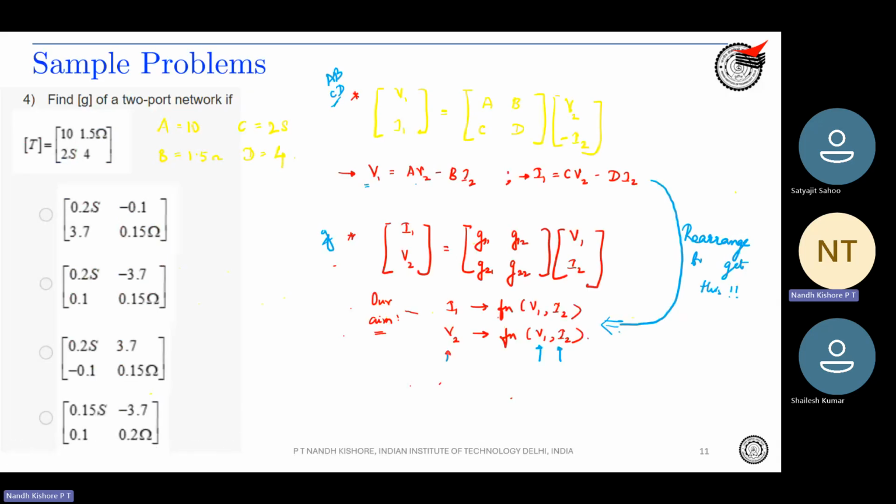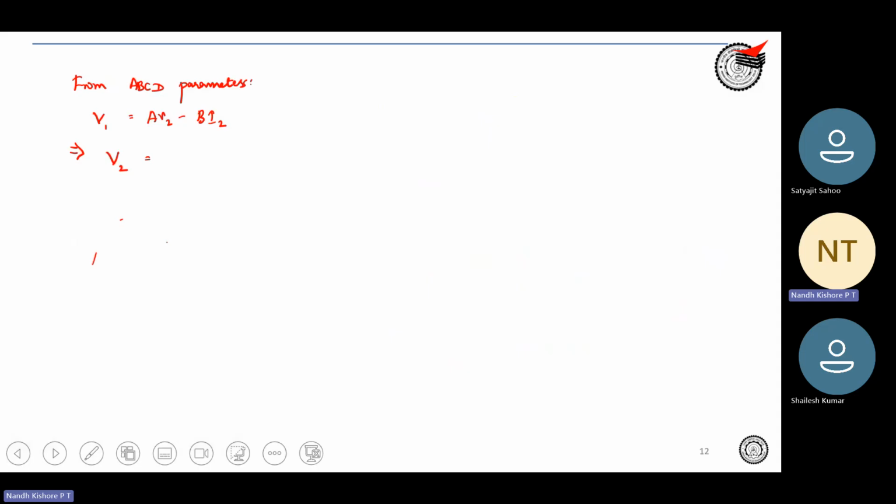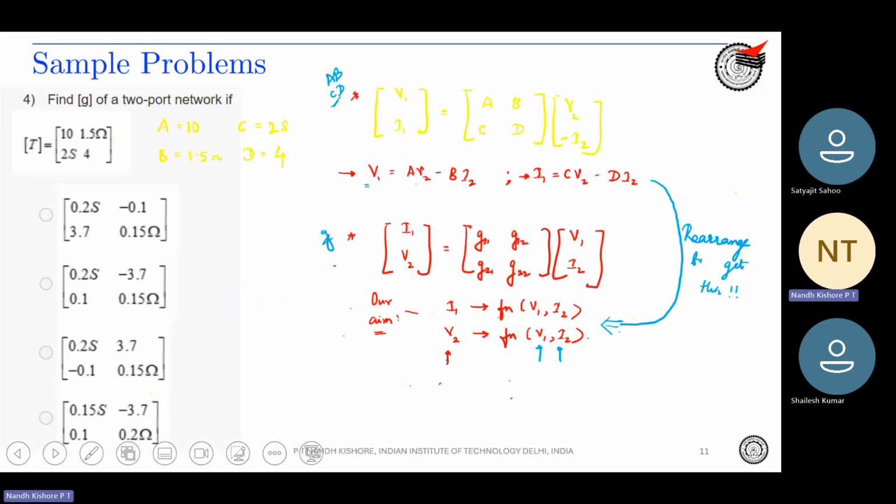V2 is basically V1 plus BI2 divided by A, right? So this is one: V2 is equal to V1 plus BI2 by A. Correct?